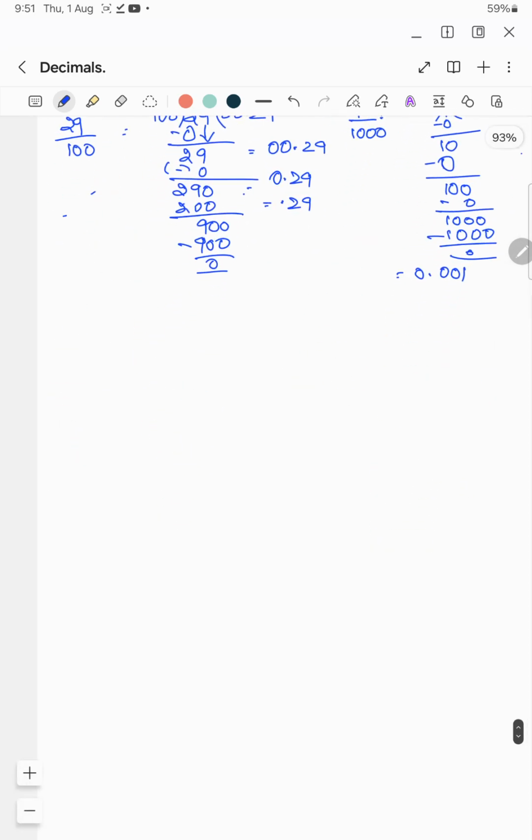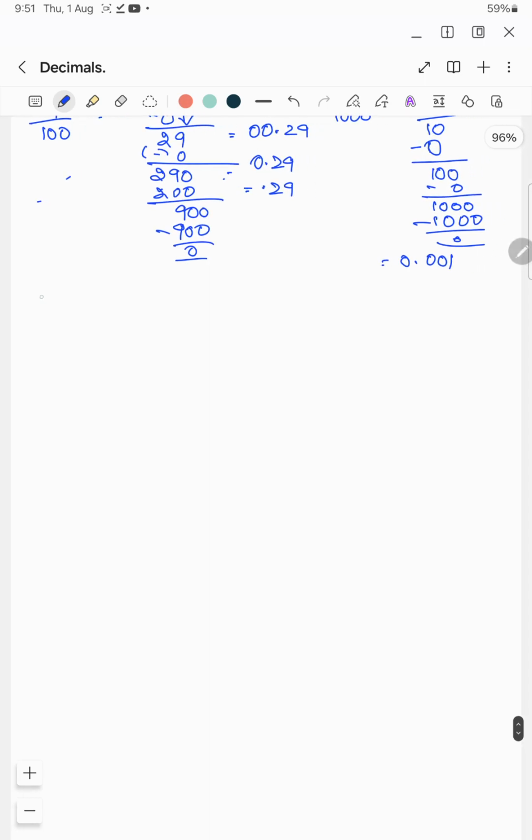Next, let us take an example. 45 divided by 1000. Okay. Now, check for the first digit. First digit is 4. So 4 is less than 1000.